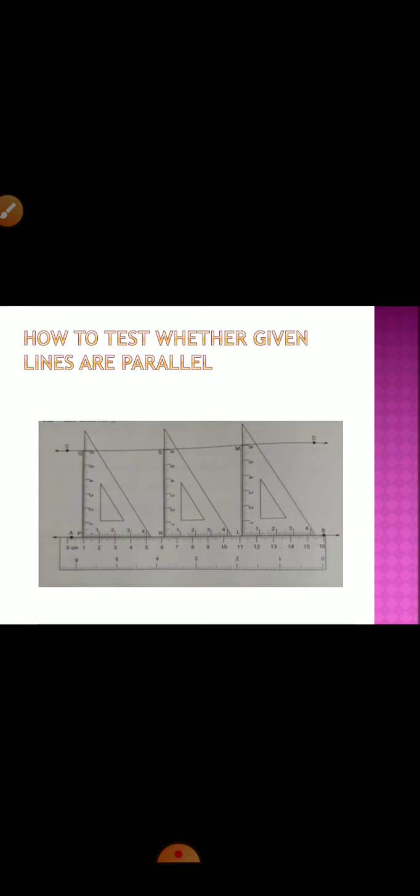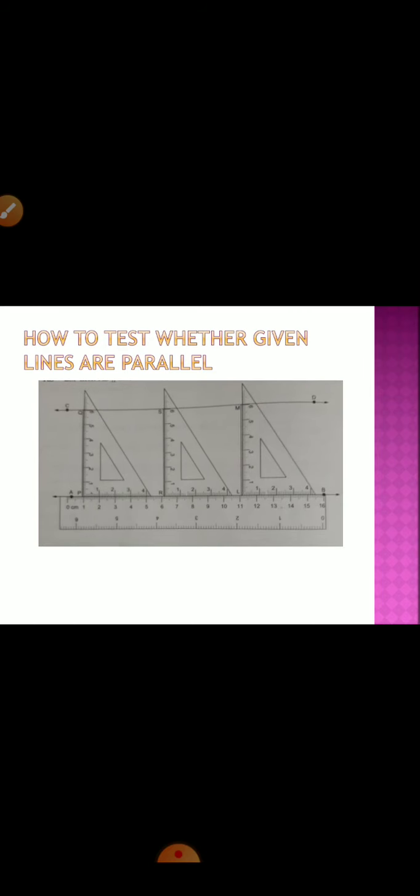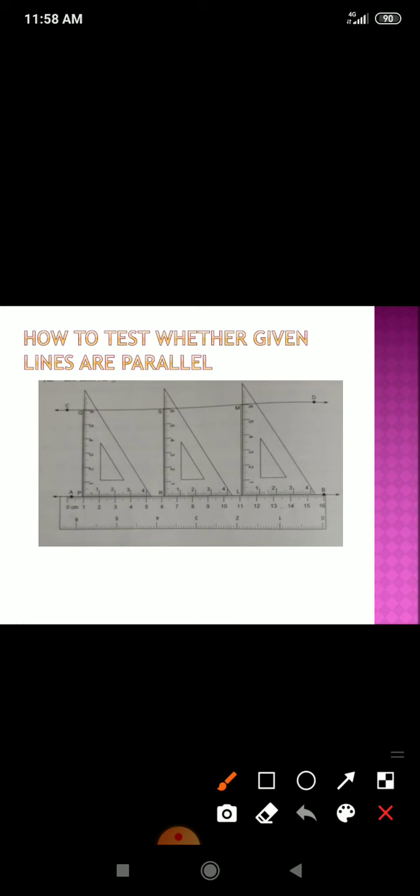Now come to the next, that is how to test whether given lines are parallel or not. For that we have to take two parallel lines and place a ruler on the parallel line like this. Then after, measure the other line with the help of your set square.